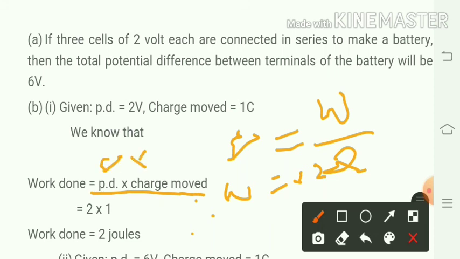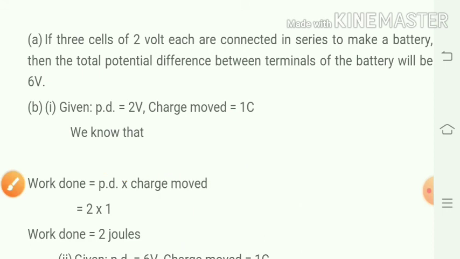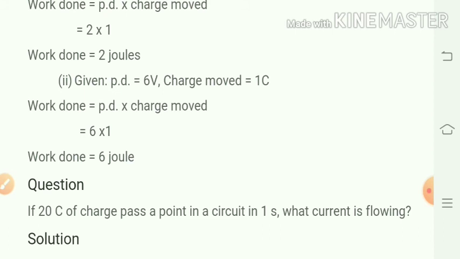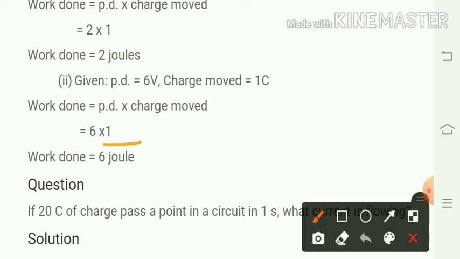Thus, from this equation, we get the value of work done as 2 joule, and the total work done in all the cells will be equal to, total voltage is 6 volt, charge moved is 1 coulomb, therefore total work done is equal to 6 into 1, which becomes equal to 6 joule.